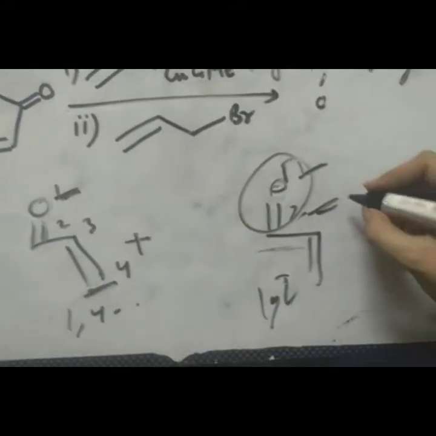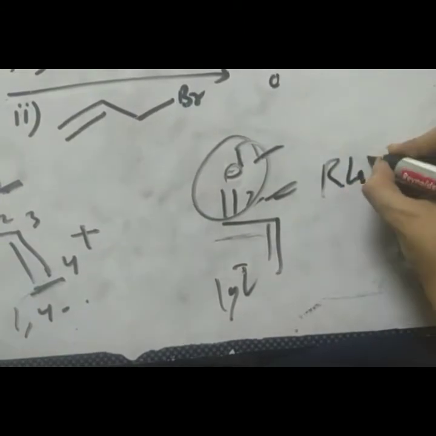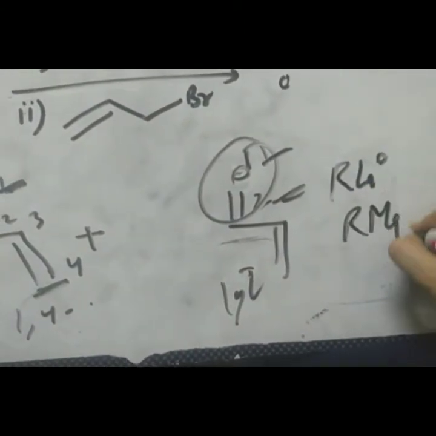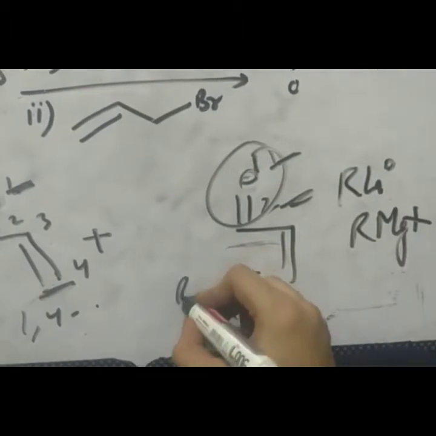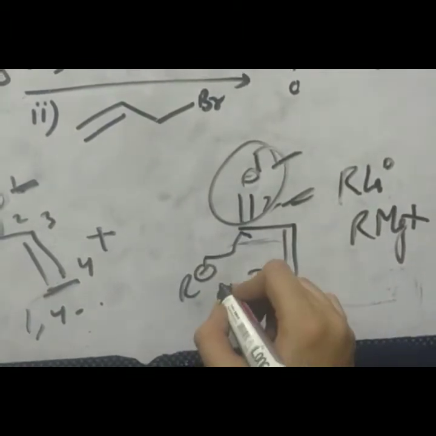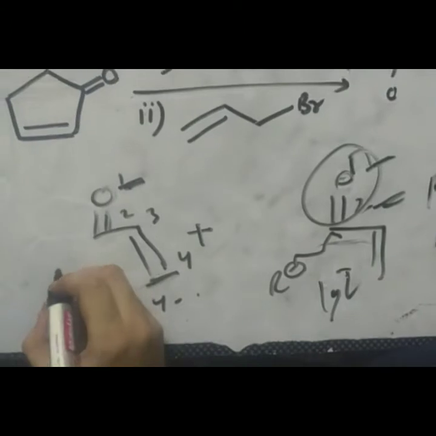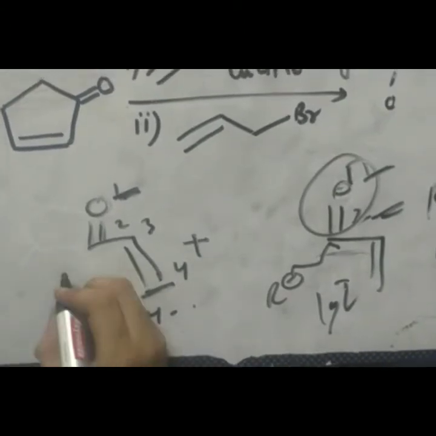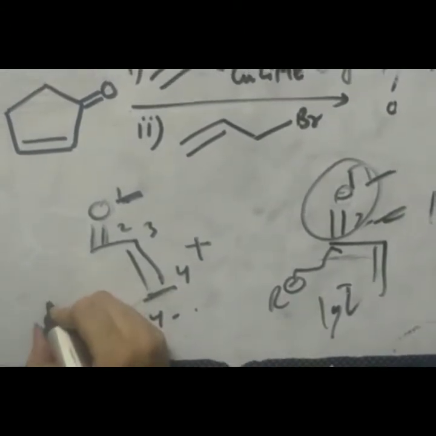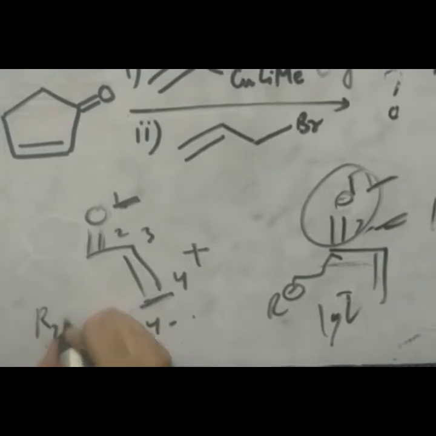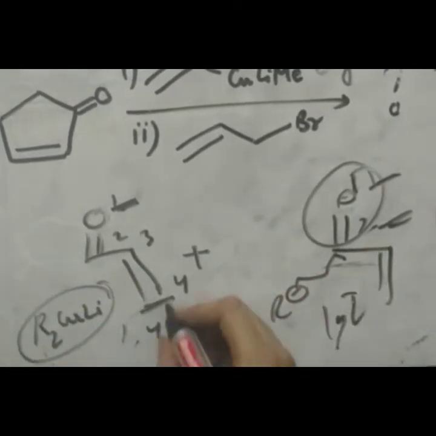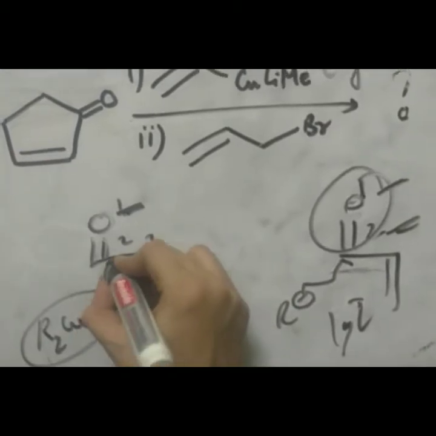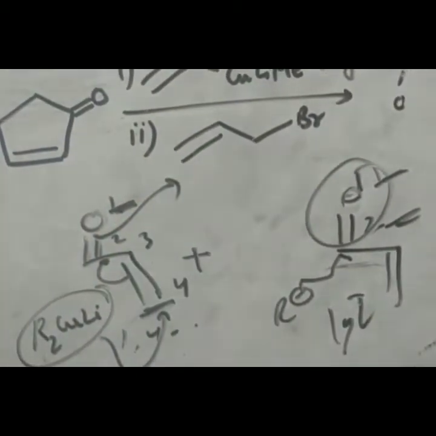So see, reagents like RLi and RMgX favor 1,2 addition, that means they directly attack the carbonyl. But reagents like any other nucleophile, including Gilman reagent, R2CuLi, will attack here, this way.